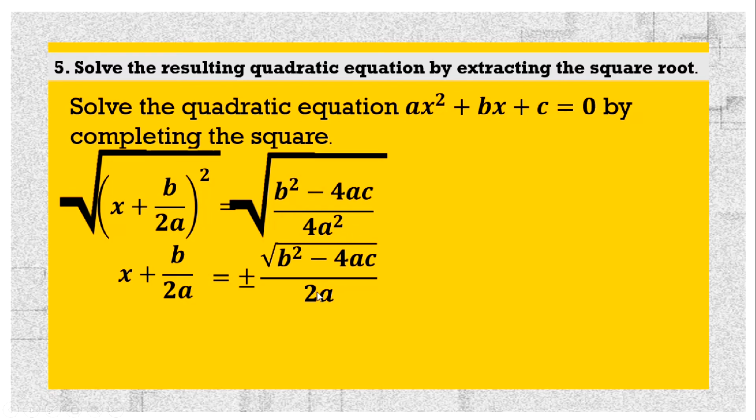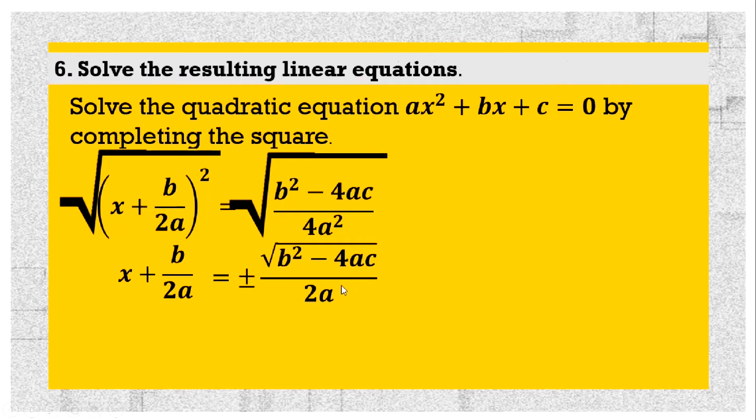So, its square root is 2a. So, we have positive and negative square root of b squared minus 4ac all over 2a.